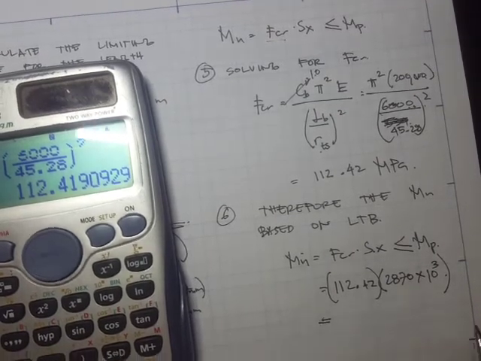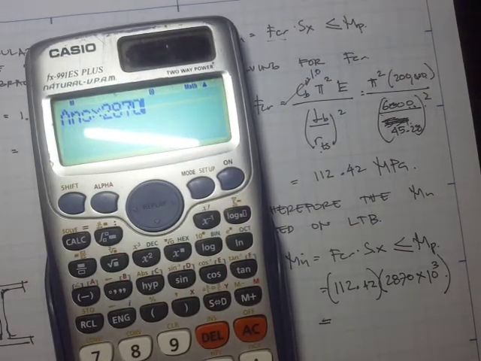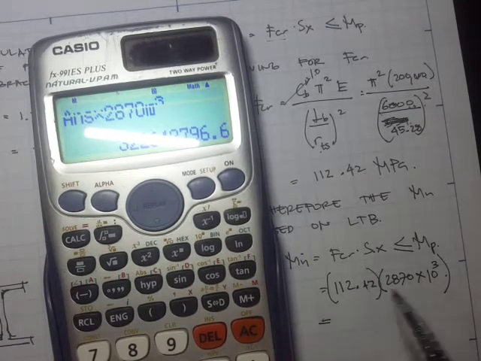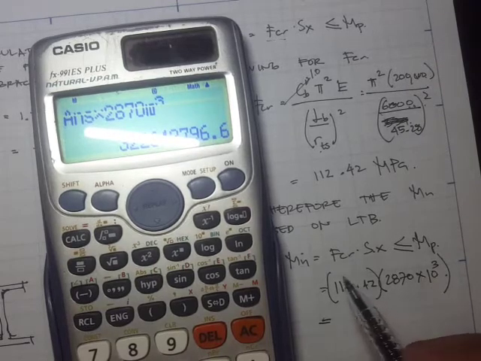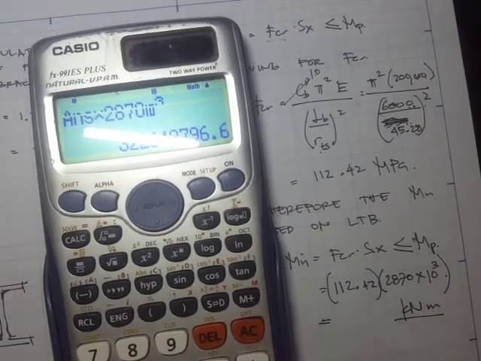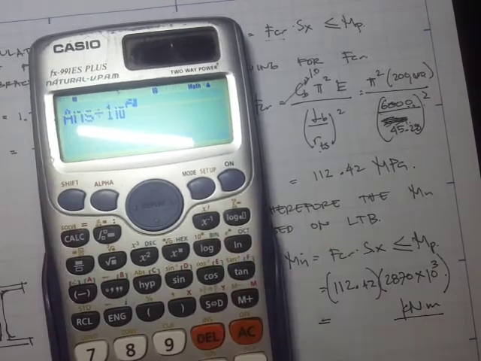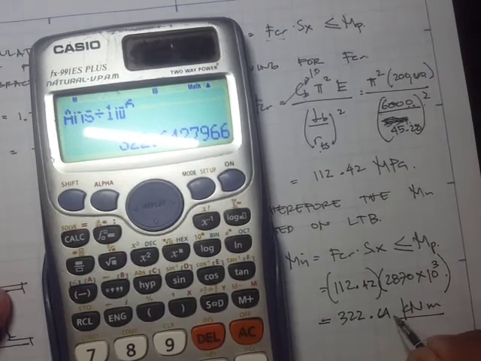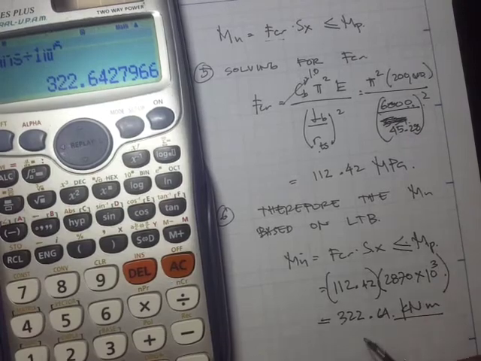So times 2,870, and we divide this by 1 million so that we can get a unit of kilonewton meter. We have 322.64.